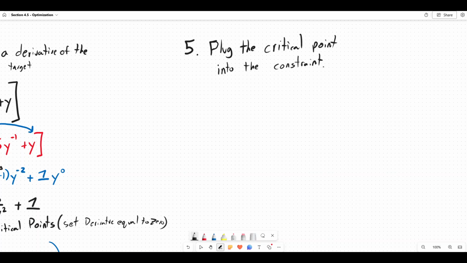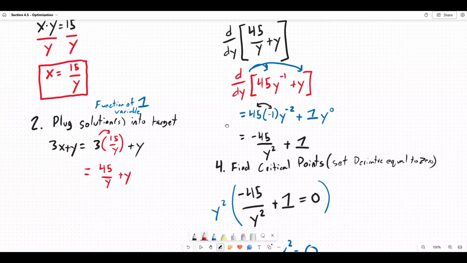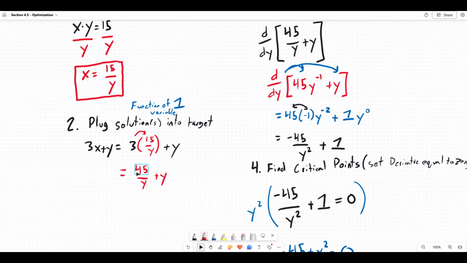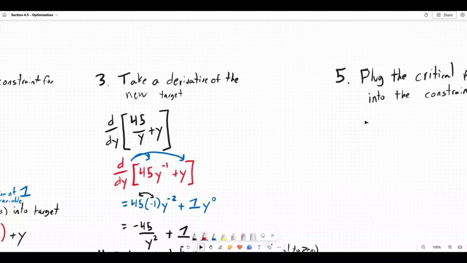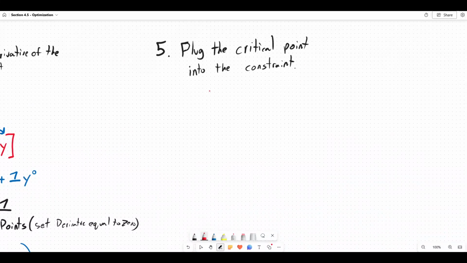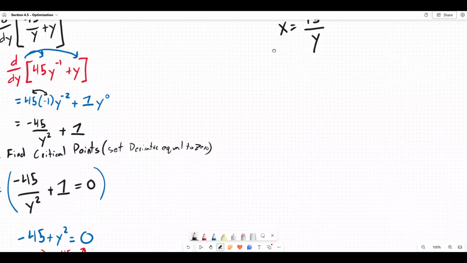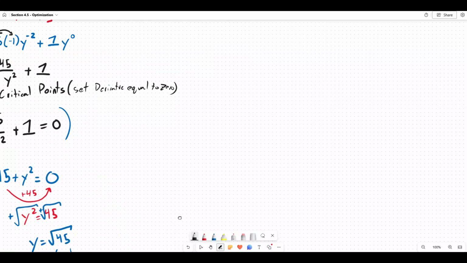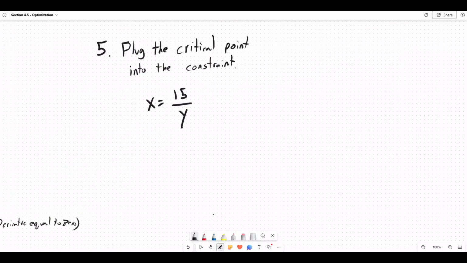Some want the target, for example. We'll talk about all the different things you can ask for. But we are going to plug this critical point back into the constraint. So just reminding ourselves, what was the constraint? The constraint was x equals 15 over y. But, going back to step 4, we actually know y is 3 times the square root of 5.